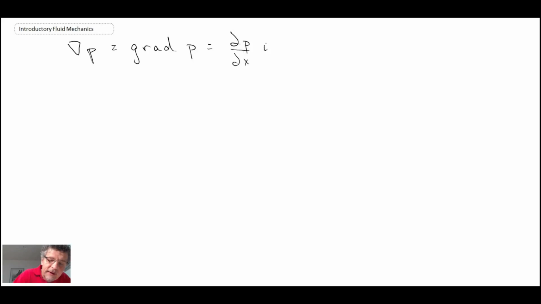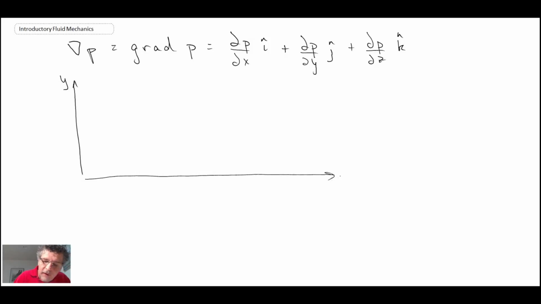And mathematically it is defined in the following manner. With that, we're converting our scalar into a vector, and let's draw out a picture. So here we have our coordinate system. We're going to assume that we have isolines, so lines of constant pressure in this field.